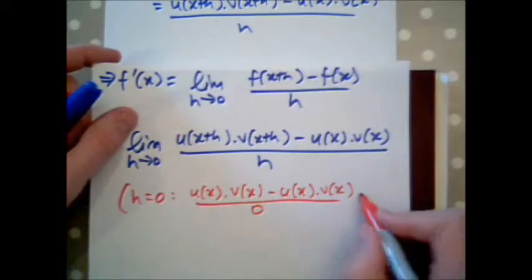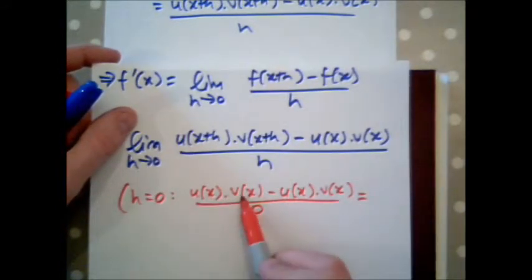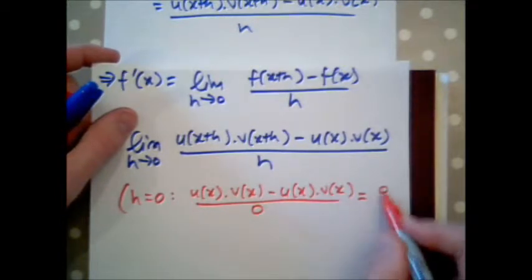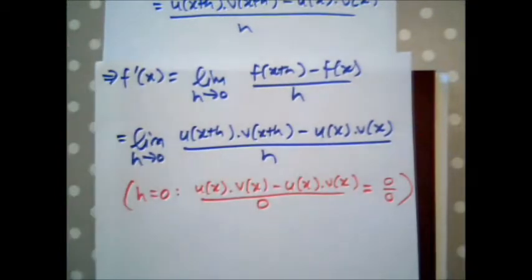And u x times v x minus u x times v x is just 0. The problem there is that 0 over 0 is indeterminate. If I had 1 over 0, I'd know that the limit simply doesn't exist. If I had 7 over 0, or minus a half over 0, the limit simply wouldn't exist. But 0 over 0 is a problem. It's what's called indeterminate. This means I don't know whether the limit exists or not. So I have to do a bit more work. So this is why this one is a bit more awkward.